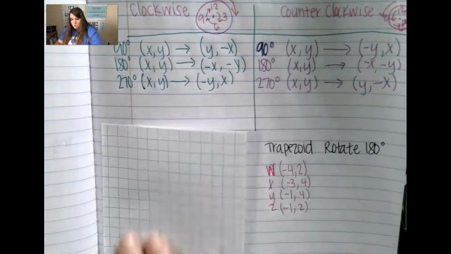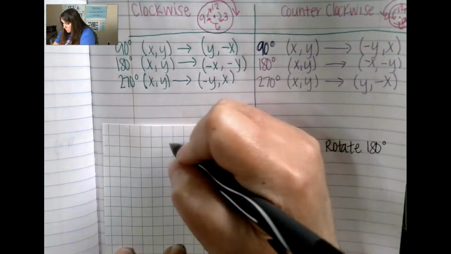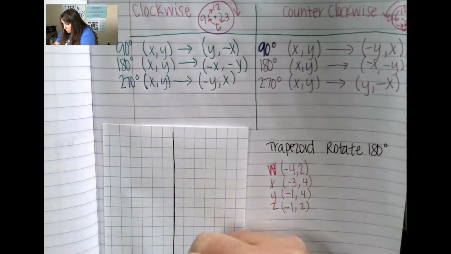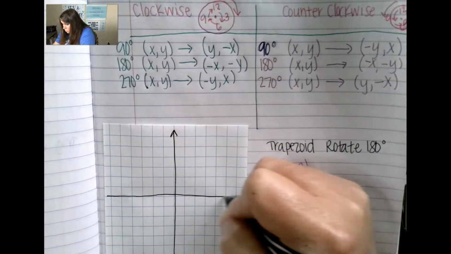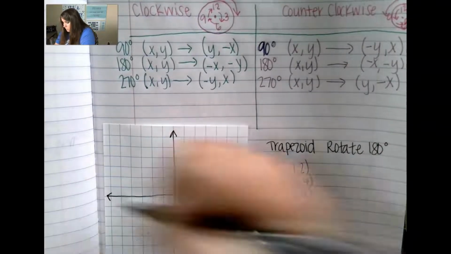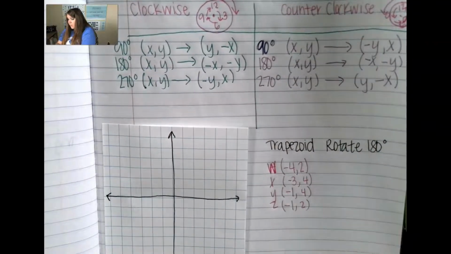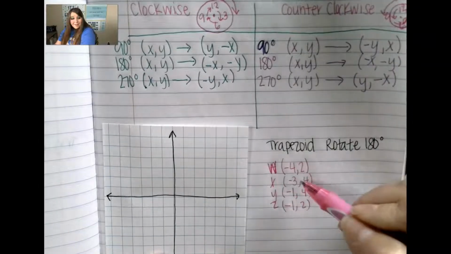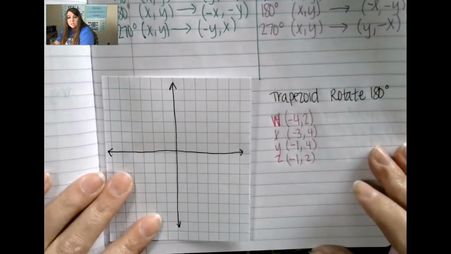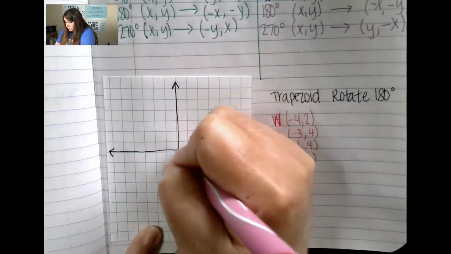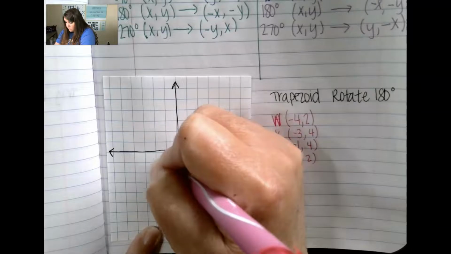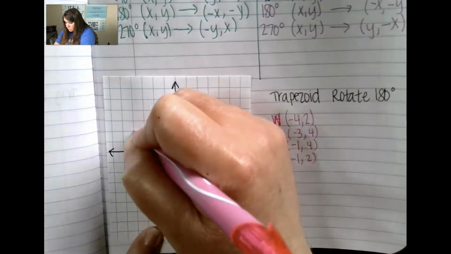There we go. All right, so let me just create this real quick. All right, so my first value is W negative 4, 2. Let's push this up. W negative 4, 2. So I'm going to go over negative 4. 1, 2, 3, 4, up 2.